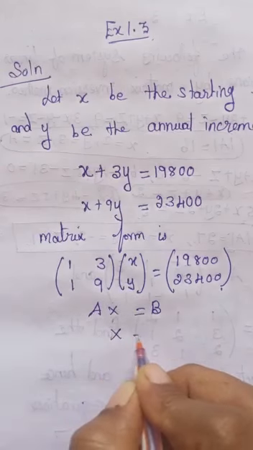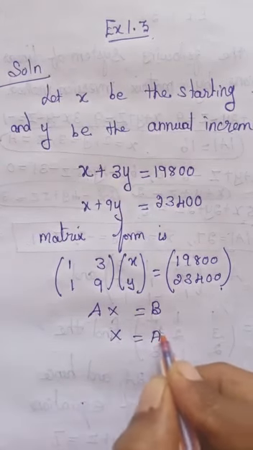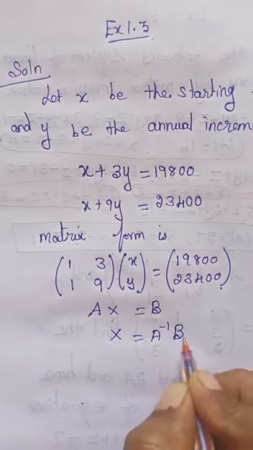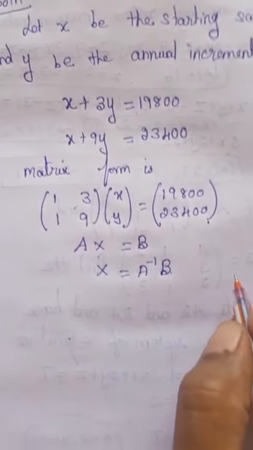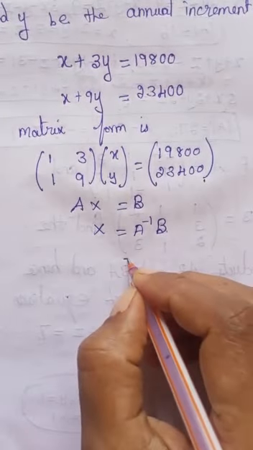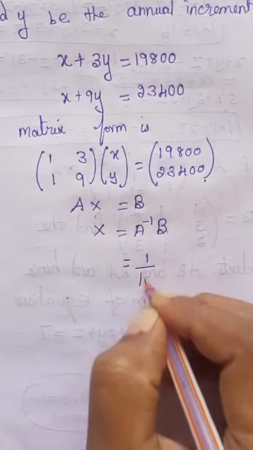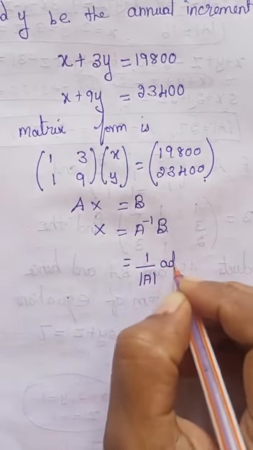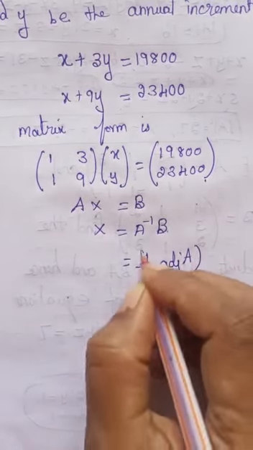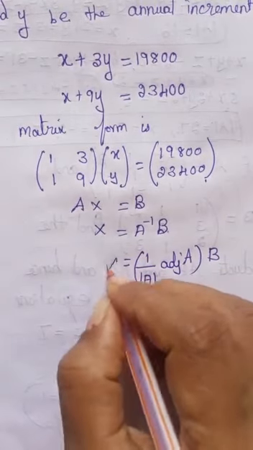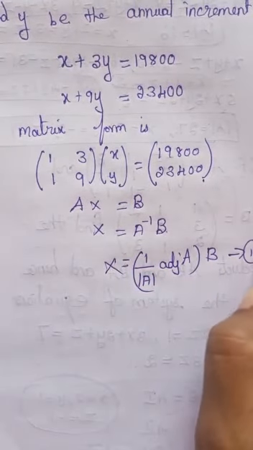So, what is X from here? A inverse into B. And what is the formula for A inverse? We know that it is 1 by determinant A into adj A. We will keep it as equation number 1.